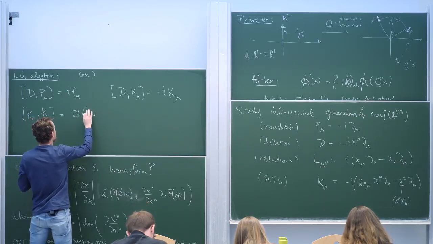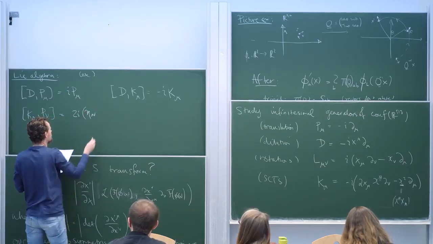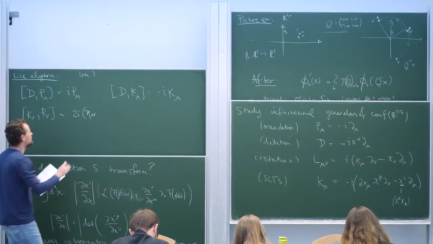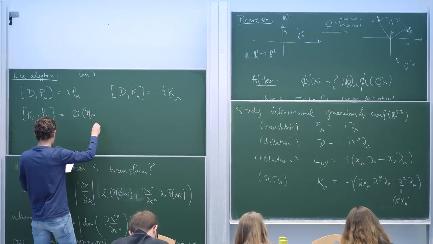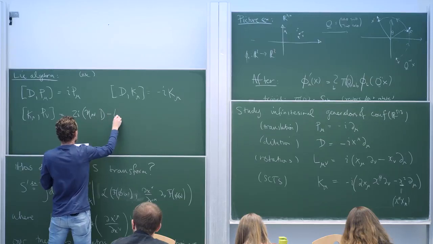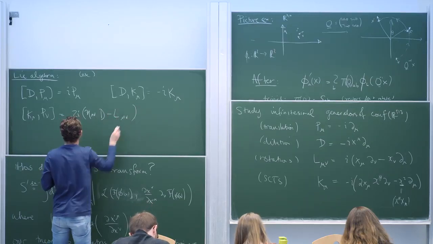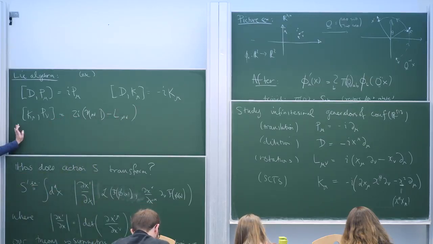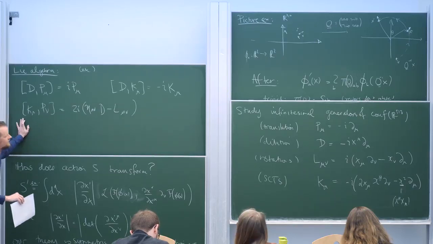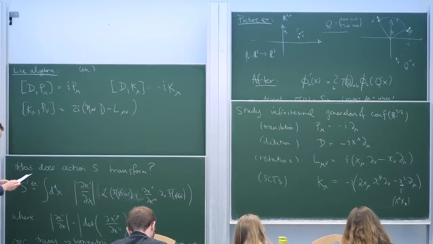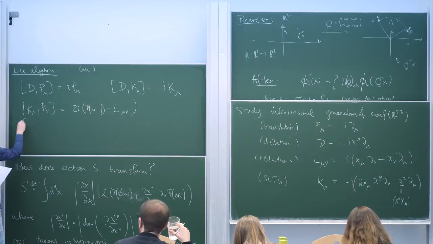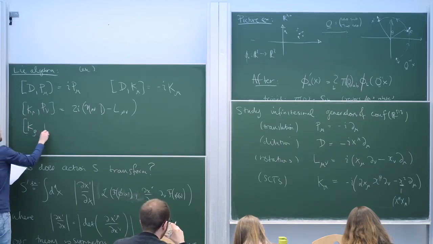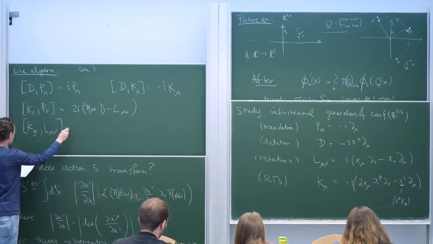So eta is the metric. I believe at the first lecture I already said that I'll be jumping between eta and g's. So that's how special conformal transformations and translations relate to each other. Then we have to worry about special conformal transformations and boosts and rotations.